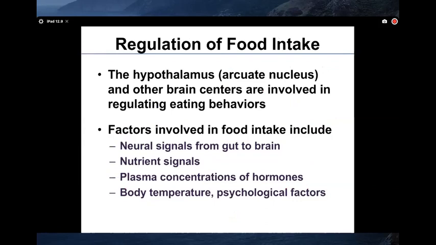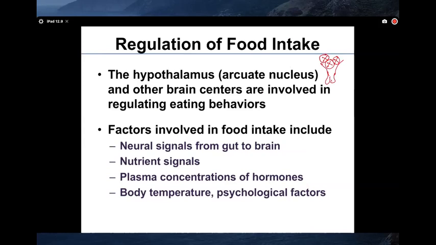If you remember back from AP1, when we studied the brain, and back when we studied the water intake, remember the part of the brain that is responsible for the regulation of all those automatic activities is going to be the hypothalamus.